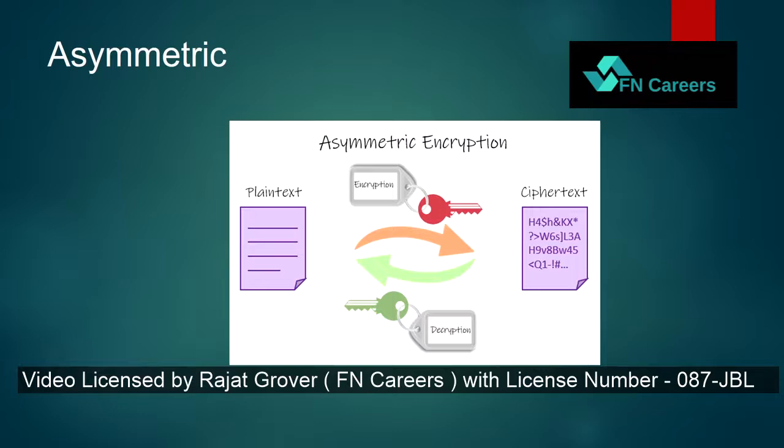So we have one key that decrypts, but it cannot encrypt in a case where we have public and private keys. So if you have encrypted a message using a public key, you can only decrypt it with the private. Either of the keys can be used to encrypt a message.